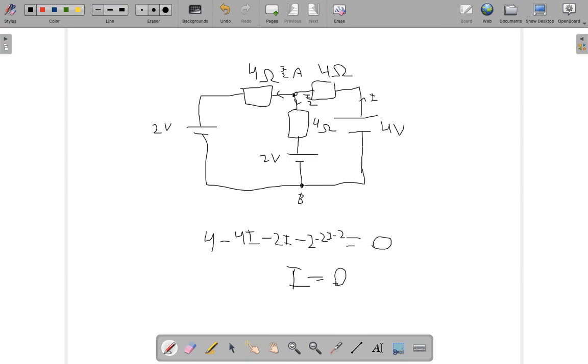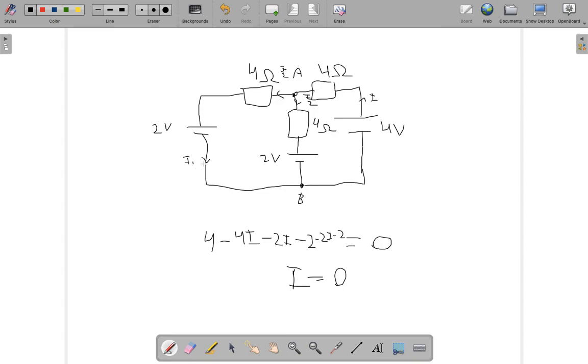Let's see. Let's try look through it again. Current equals 0. That's odd. Well, let me try looking into the other ones first, whether the same thing happens over there as well. So let's have a different current going over here.